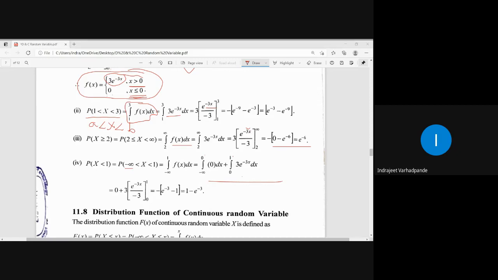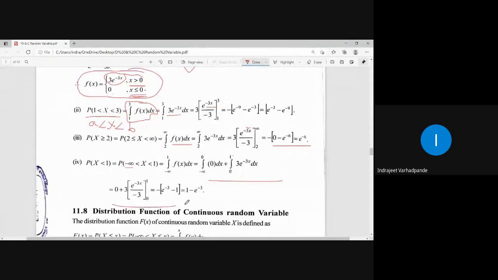Completed? Finish writing up to this? Yes, sir. Probability for x greater than or equal to 2 means 2 to infinity. Less than 1 means minus infinity to 1. And depending on the nature of the function, whatever is defined, we can easily calculate it and get the answer for that, right?